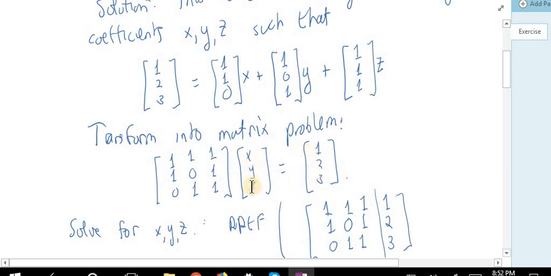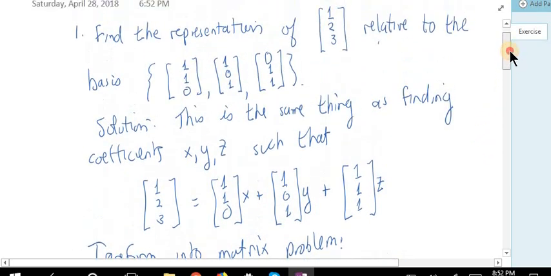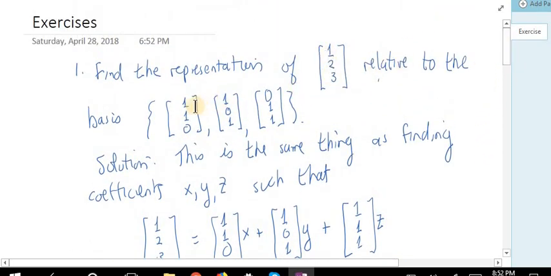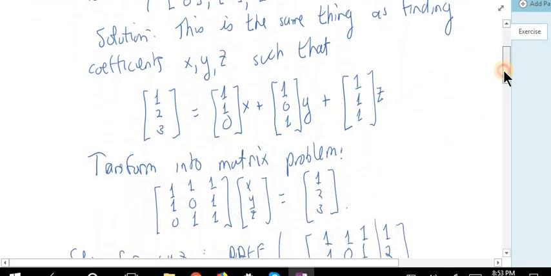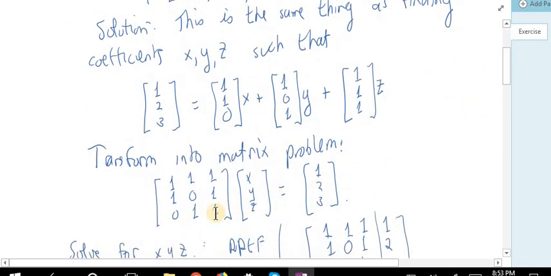All right? So I think that's the difficult step here, is to see when it says find a representation of a vector relative to the basis, all you have to do is set up this matrix problem involving the basis vectors, create a matrix whose columns are the basis vectors, and you solve the problem where that matrix times a vector is equal to the vector that you want to represent.